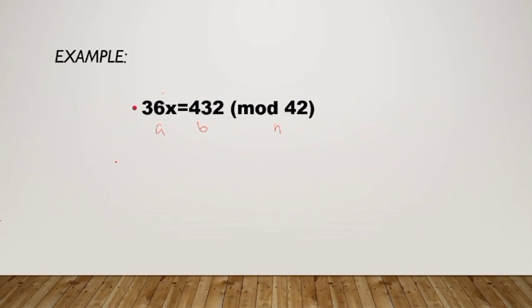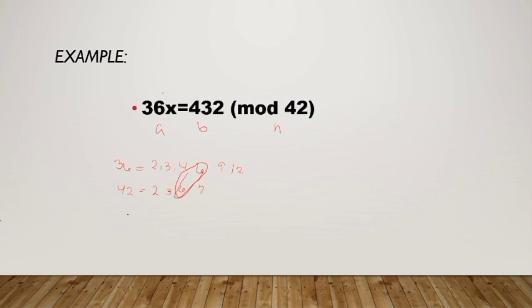So the factors of 36 are 2, 3, 4, 6, 9, and 12, while the factors of 42 are 2, 3, 6, and 7. Therefore, the GCD of 36 and 42 is 6.